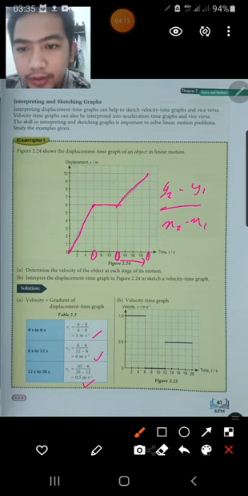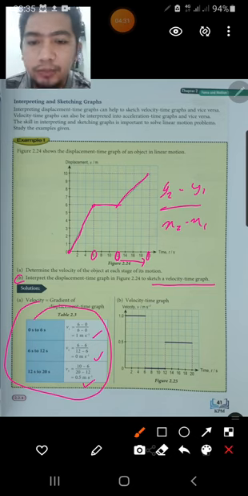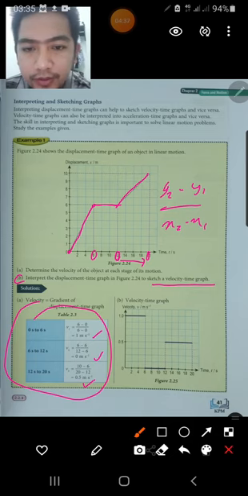Question B. Interpret the displacement time graph in figure 2.24 to sketch a velocity time graph. First you interpret, and we have already interpreted here, we have found the velocity. Now you have to sketch the velocity time graph.